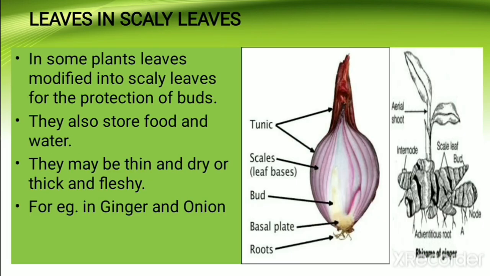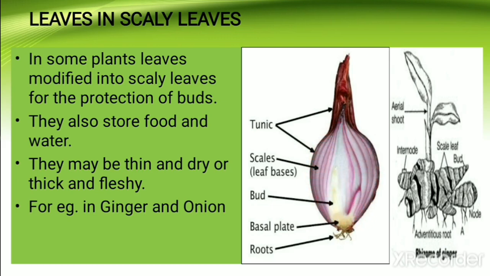In some of the plants, a very good example of conversion of leaves into scaly leaves is onion. You all have seen onion at your home. In the onion, when you cut it, you will see a bud-like structure in the middle portion. These all are the portions which we eat, that fleshy food material which we eat, all are the leaves.